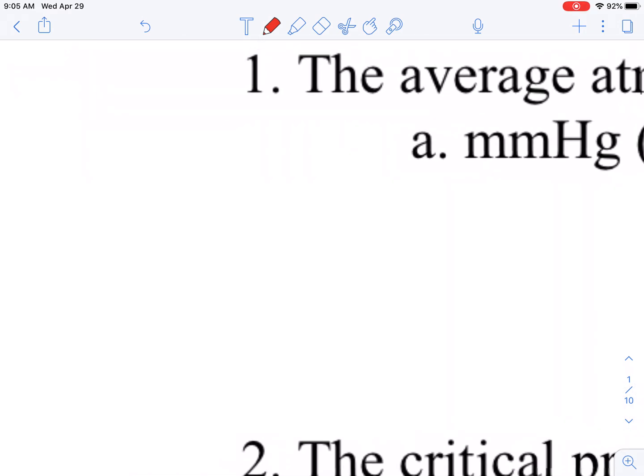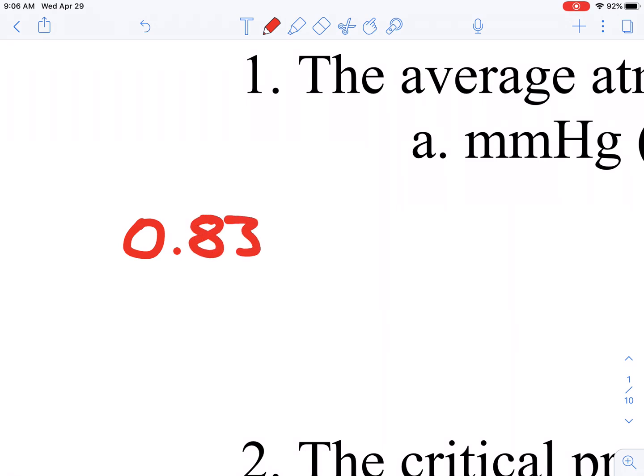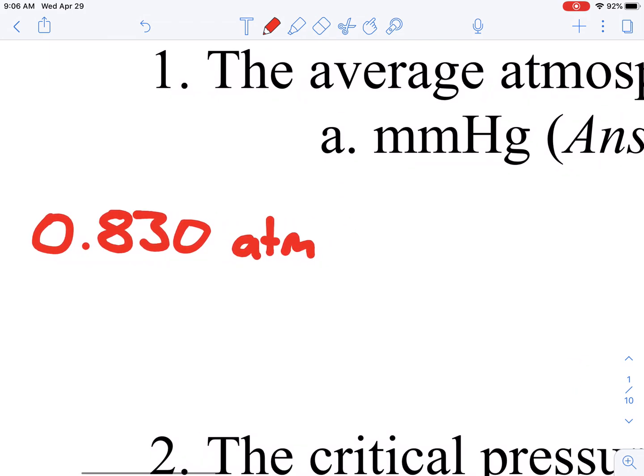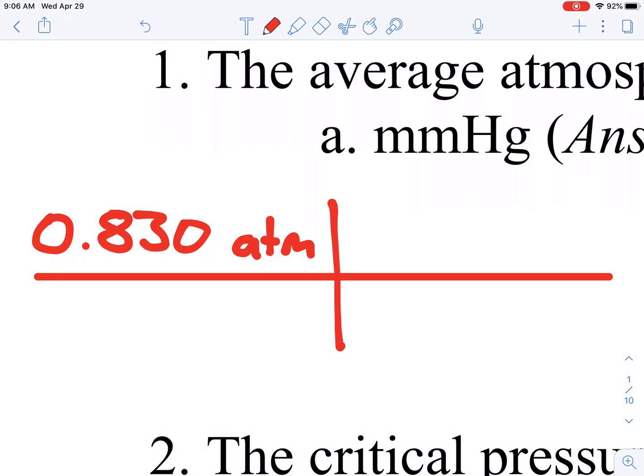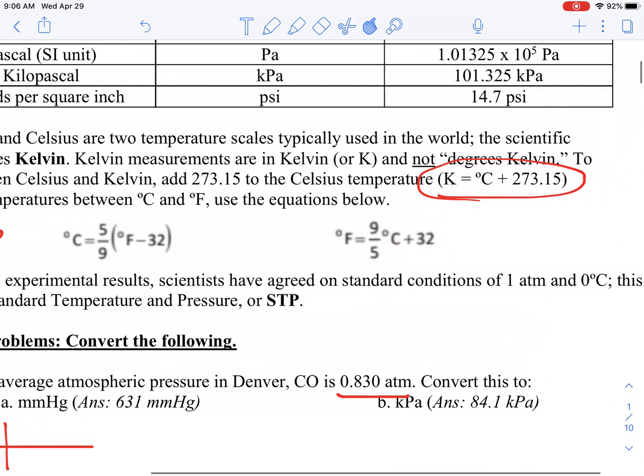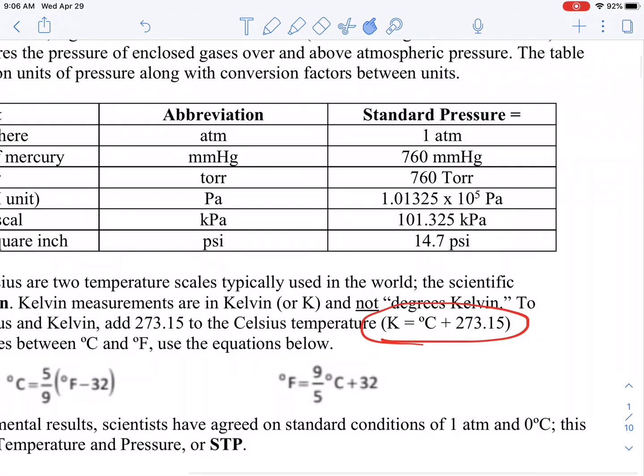So if we take our 0.830 atmospheres of pressure, we want to get that converted into mmHg, so we are going to do some dimensional analysis. It turns out that all of these nice little pressure conversions that we gave you up in this table are conversion factors, right?